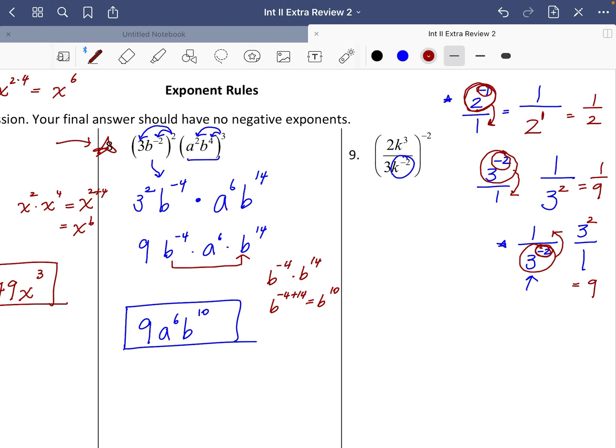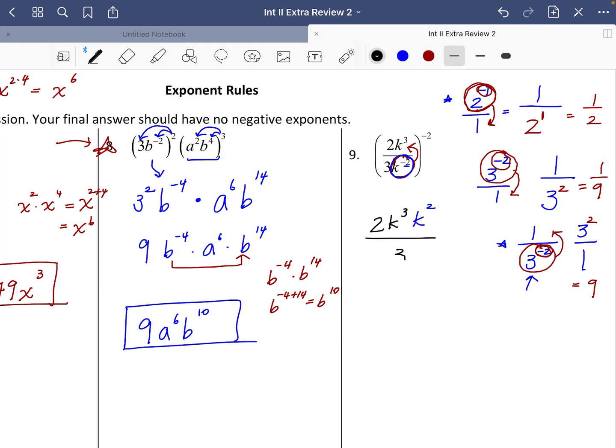So coming back to the problem, you have k to the negative 2nd in the denominator. You're going to move that to the other side, the numerator. You got 2k to the 3rd. And then k to the negative 2nd power, you're going to move it to the other side. So k on the top with exponent of negative 2 turns into a positive 2.